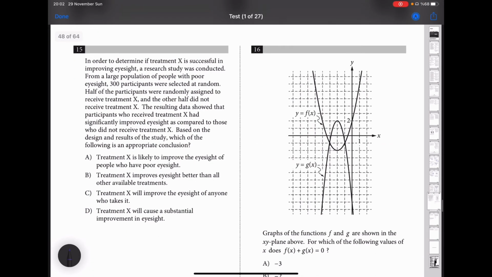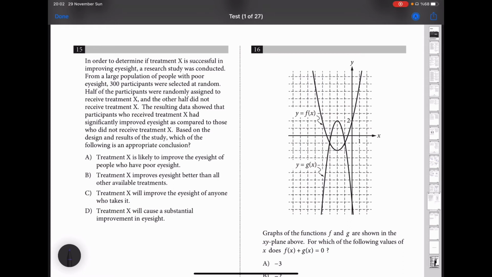Next question. In order to determine if treatment X is successful in improving eyesight, a research study was conducted. From a large population of people with poor eyesight, 300 participants were selected at random.